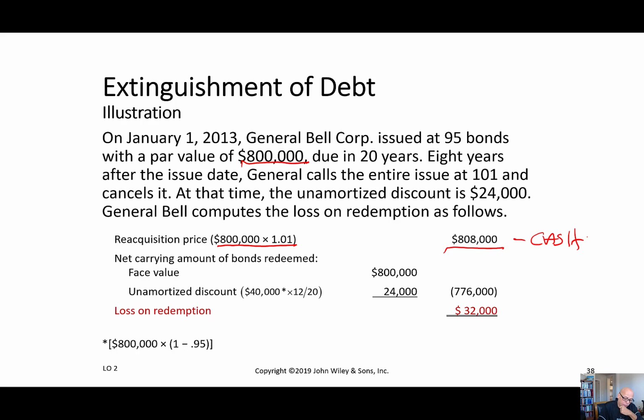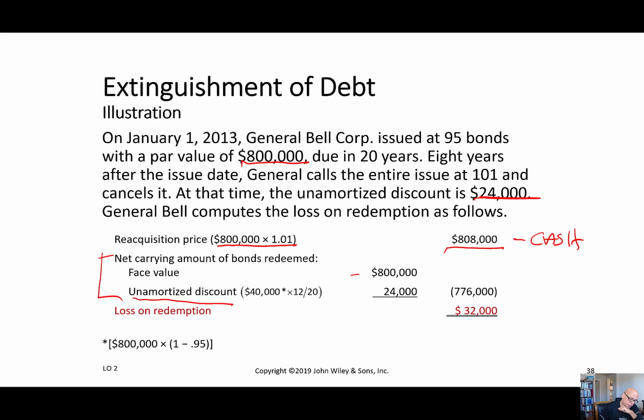Okay, now the carrying amount of the bond, which is what we're calculating right here, is going to be the face plus the unamortized premium, or less the unamortized discount, which is what we have here. Okay, and they tell me that the unamortized discount right here is 24,000.